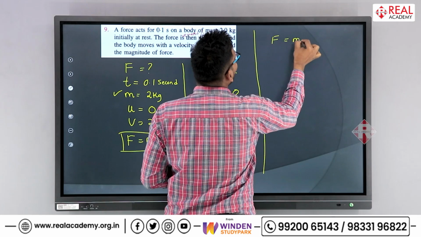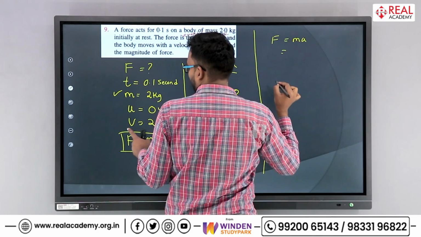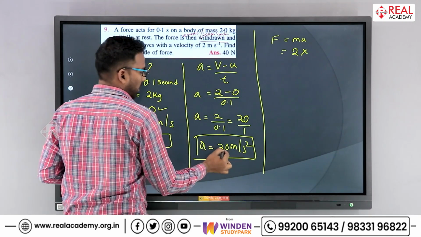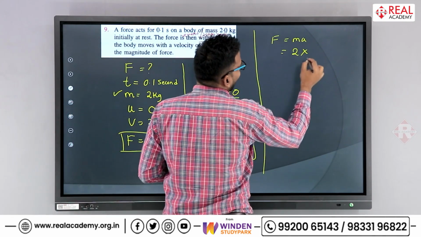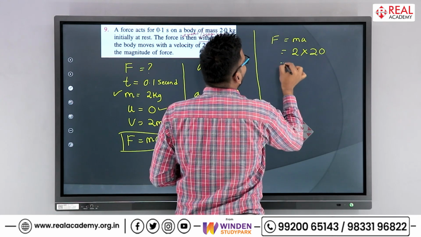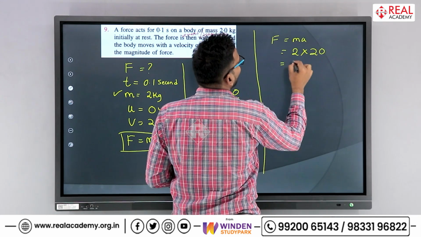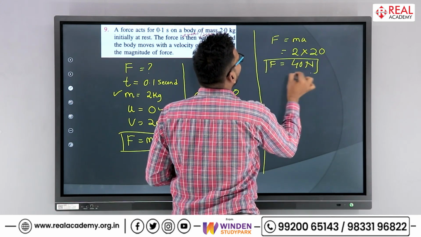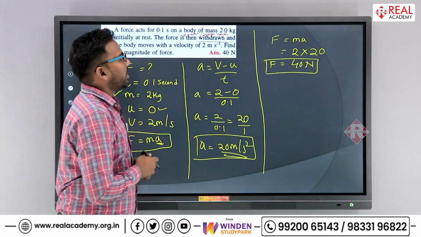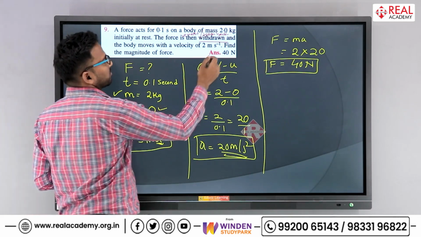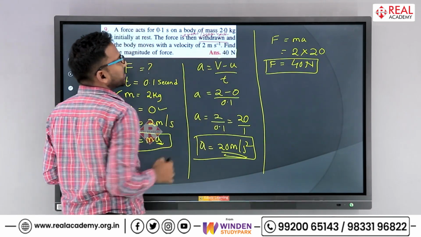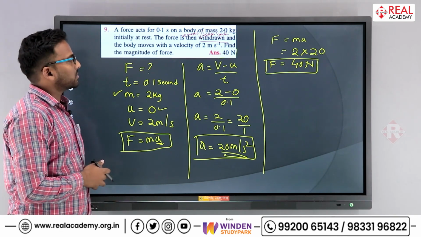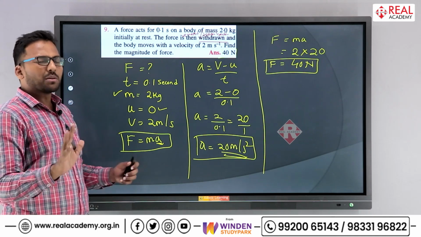F is equal to ma, m is given as 2 kg into acceleration, which we found here as 20 meter per second square. 2 into 20 is 40 Newton. The required answer. Getting? Very simple questions.